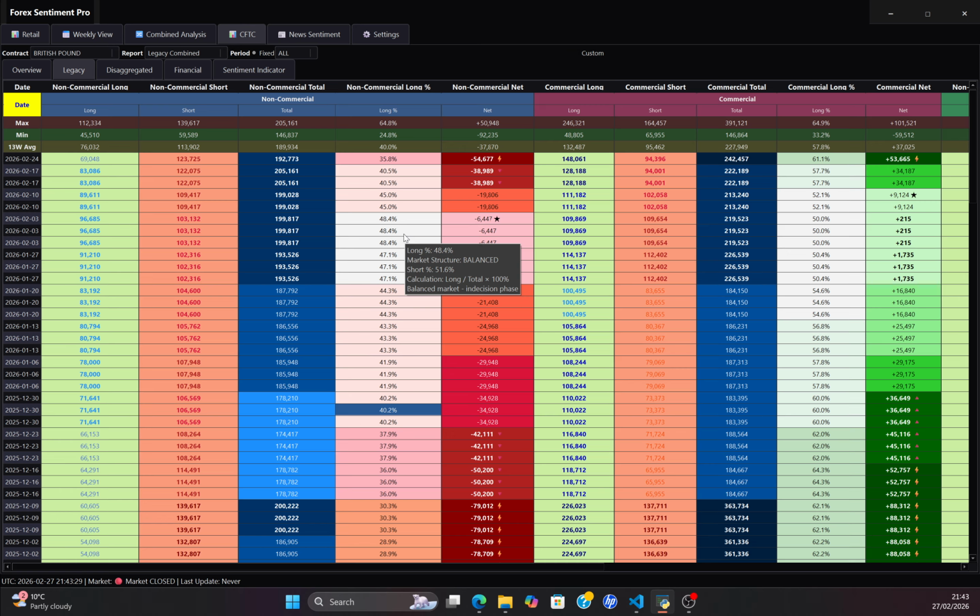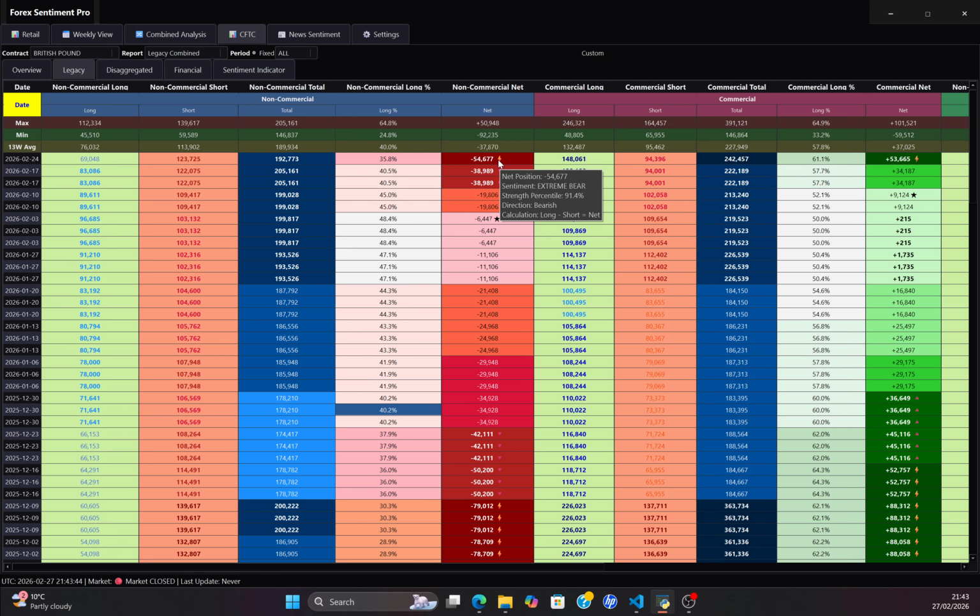Is it bullish, bearish? Simply, when you hover your mouse on any column or any row, it gives you a quick insight and analysis for that specific data.